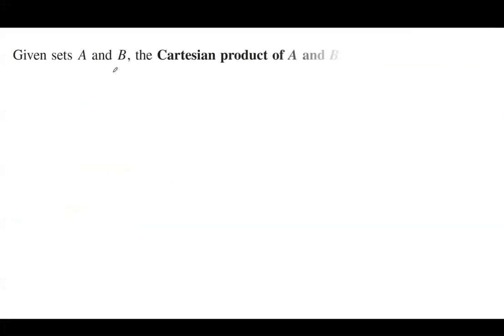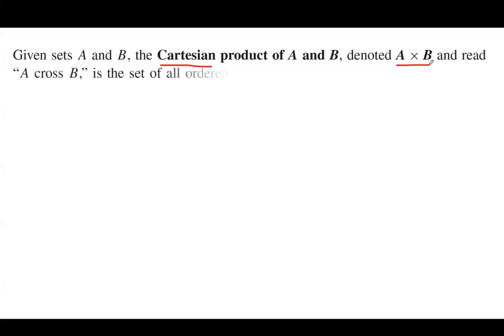Now consider you have two sets like A and B. We can create a new object using the Cartesian product. The Cartesian product of two sets is denoted by A cross B, and the definition is as follows.